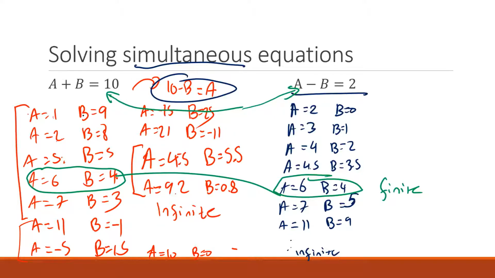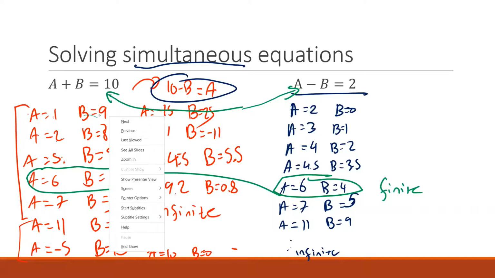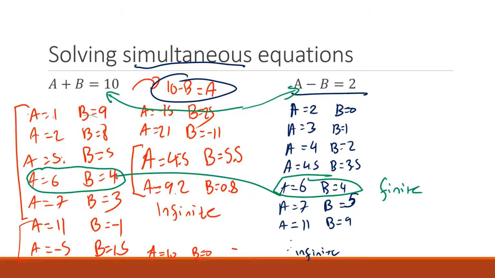This A equals 1, B equals 9 works for the first one, but it doesn't work for the second one, because if A was 1, 1 take away 9 is -8, not 2. The only one that works for both the first one and the second one is A equals 6, B equals 4.